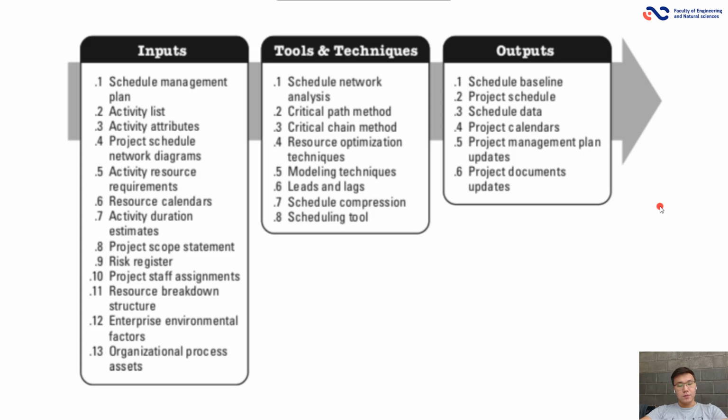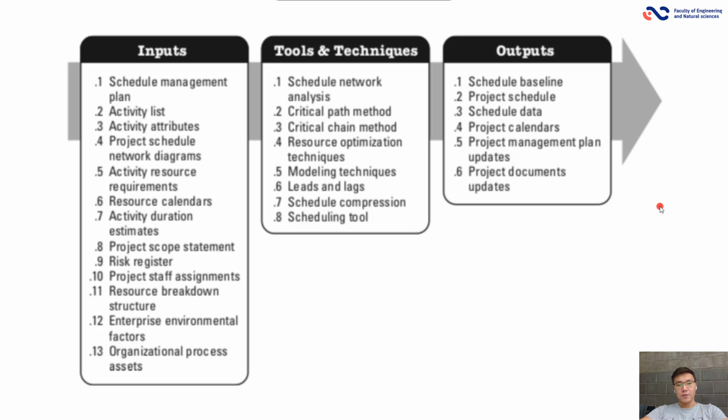Here in input you have schedule management plan, activity list, activity attributes, project schedule network diagrams, activity resource requirements, resource calendars, activity duration estimates, project scope statement, risk register, project staff assignments, resource breakdown structure, enterprise environmental factors, organizational process assets.